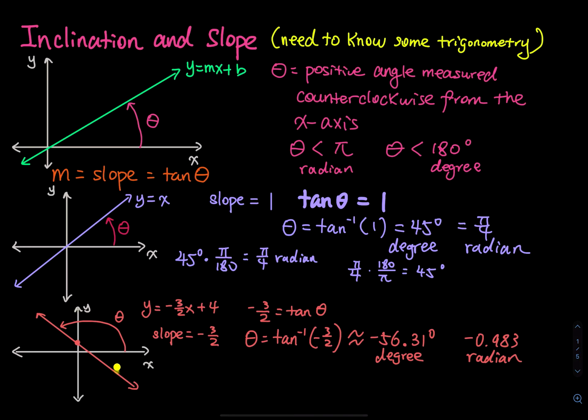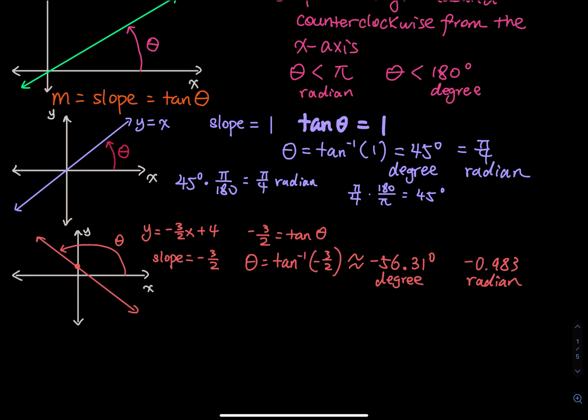So a negative y divided by a positive x gives a negative answer. Instead of finding the angle from the x-axis to this place, the calculator reports the angle from the x-axis to here. So this is what the calculator reports, negative 56.31.